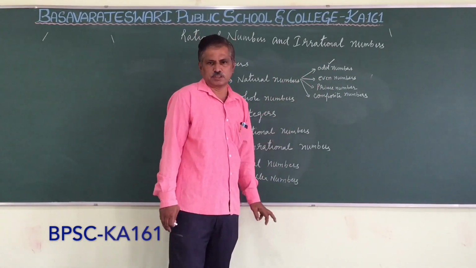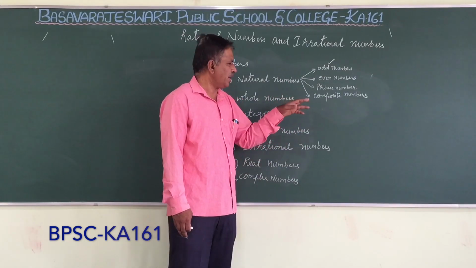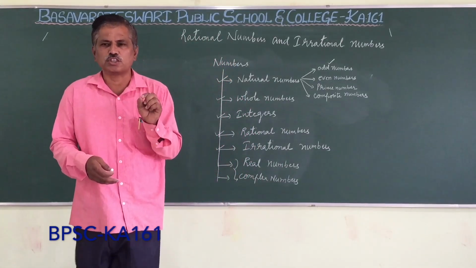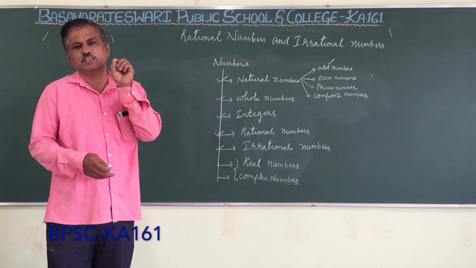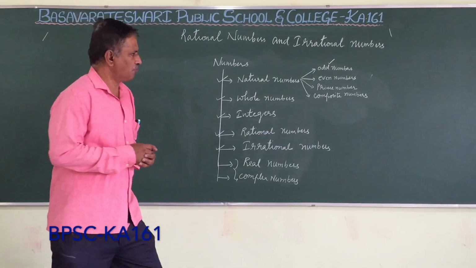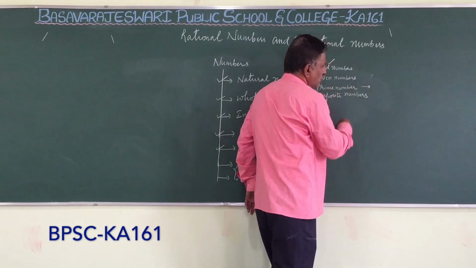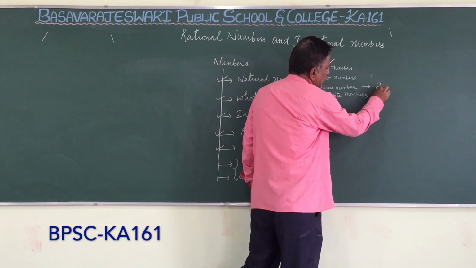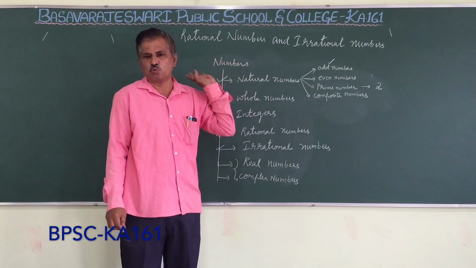Then prime numbers. Of course, in prime numbers we also come across co-prime and so on, but no need for that now. What is a prime number? Prime numbers are those numbers which are divisible only by 1 and itself. For example, 2 can be divided by 1 and by 2.